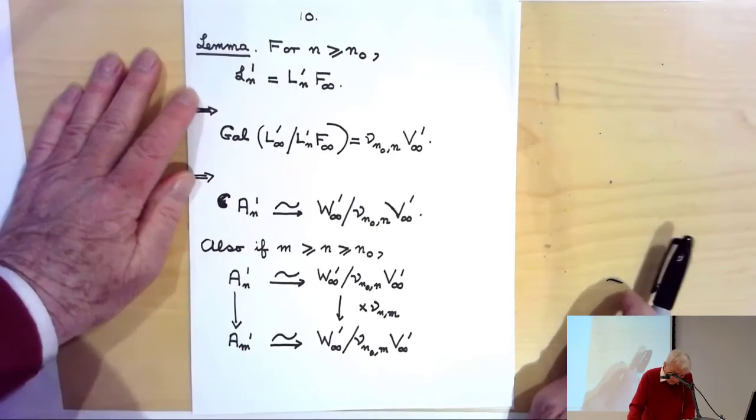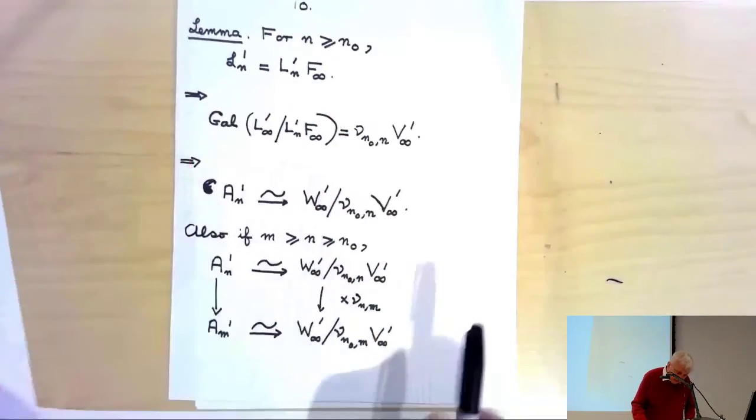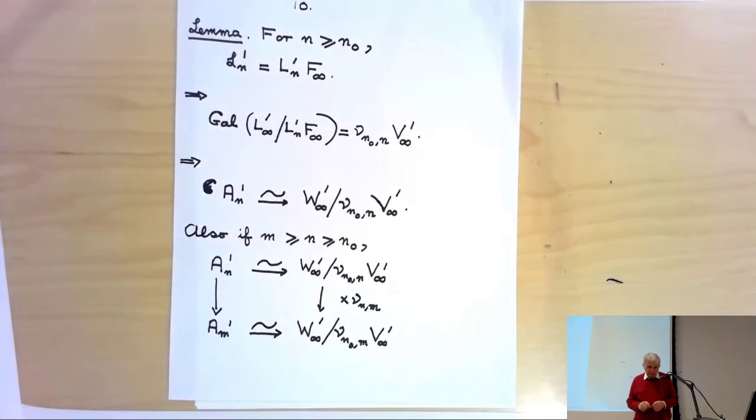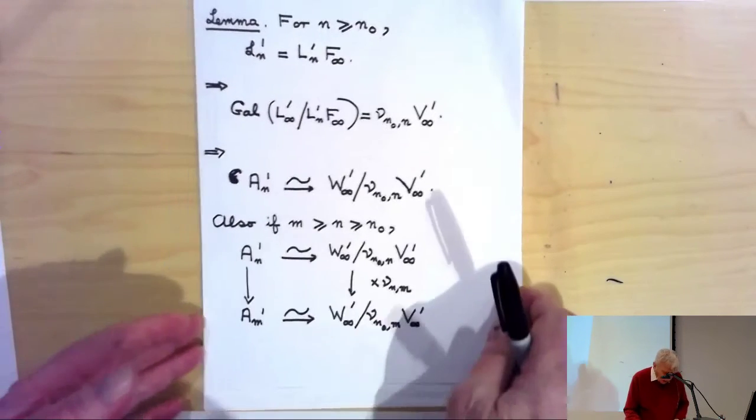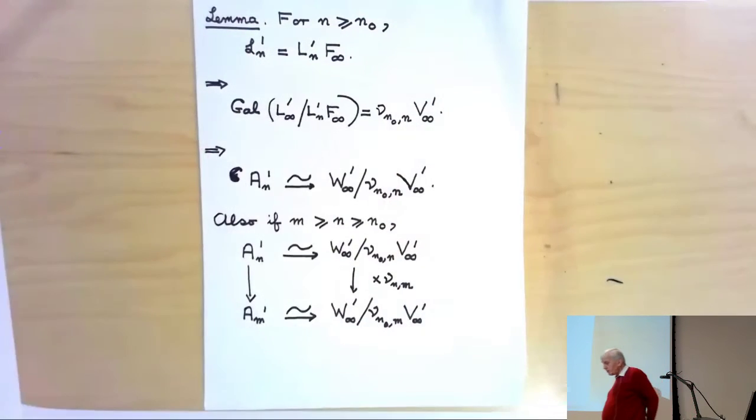Well, I'm sorry, there is some point. I claim here in this lemma that L_n prime is L_n prime F infinity, which would imply, now I'm suddenly bothered about why that is true.